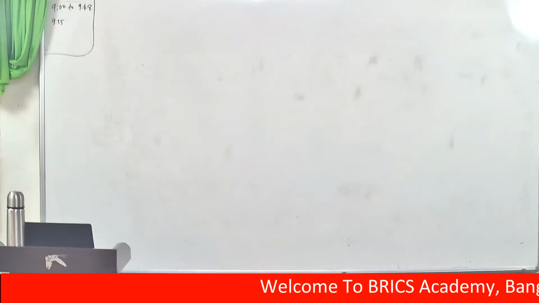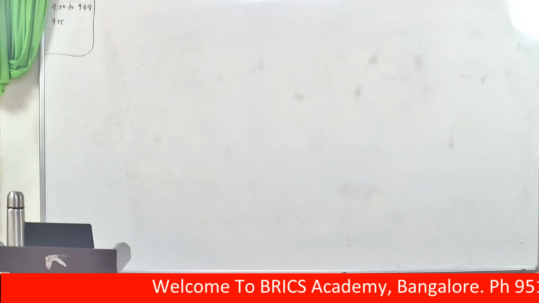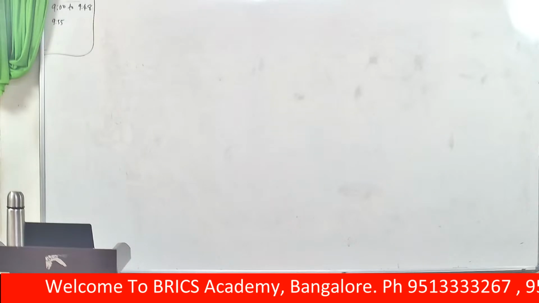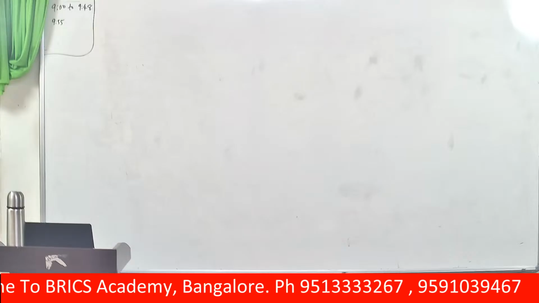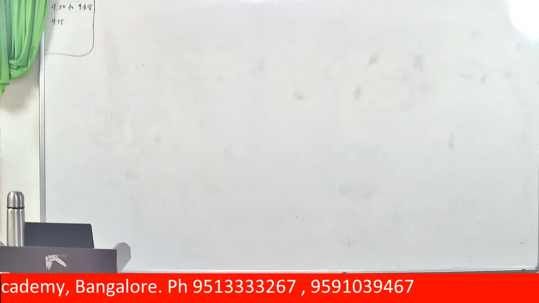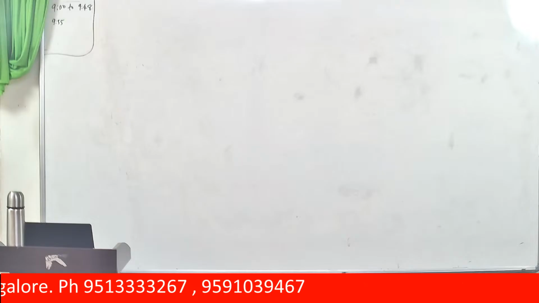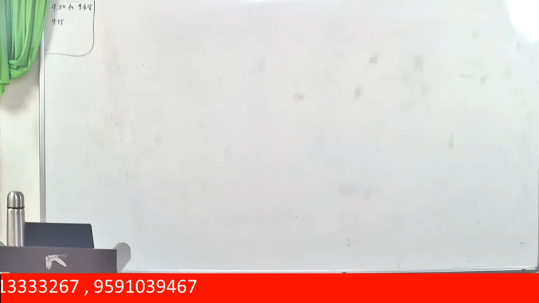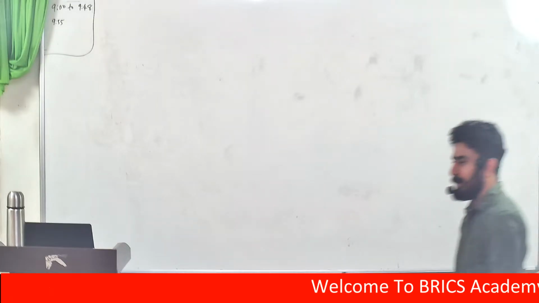How do you find out quick assets? Cash in bank minus inventories. I will give you one more chance. What is quick assets? Current assets minus inventory minus prepaid expenses.